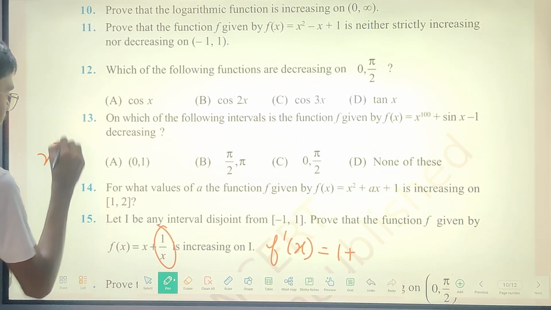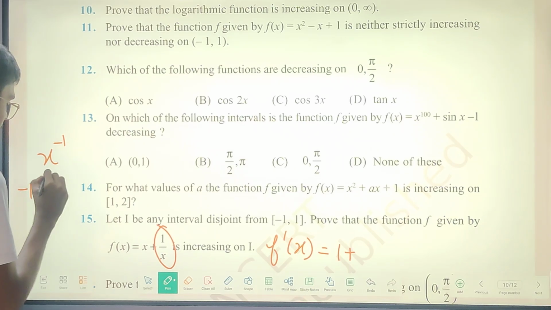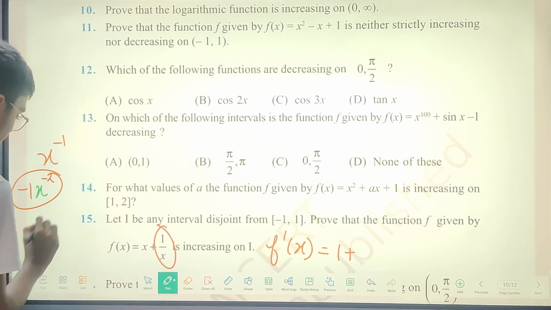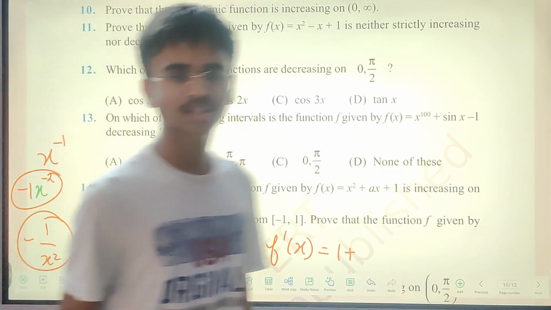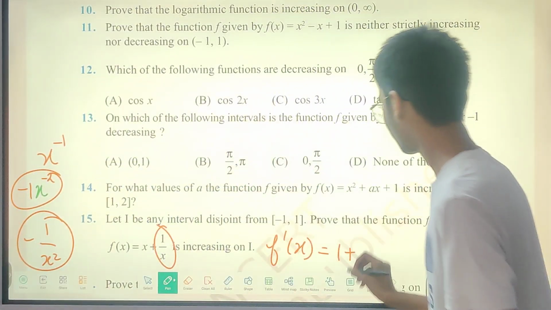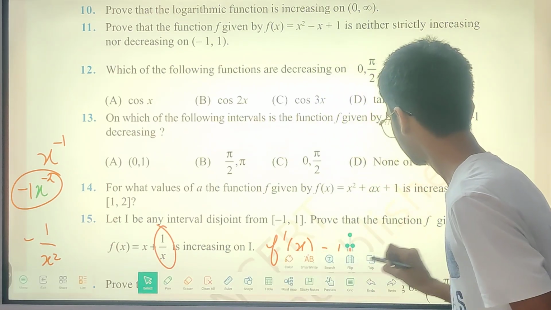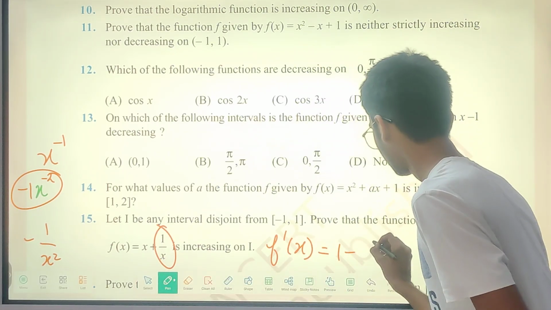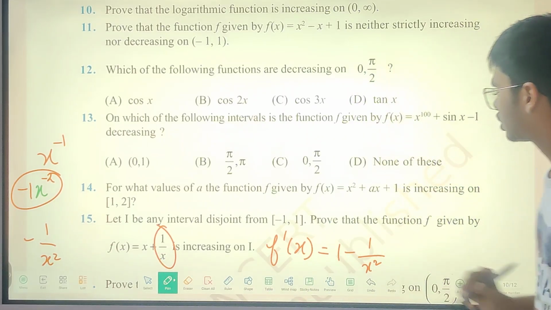This can be written as x to the power of -1, so differentiating gives -1 x to the power of -2, that is -1 by x squared.